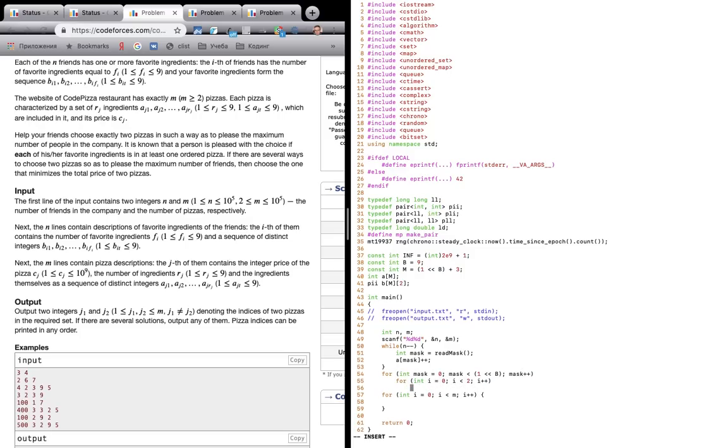For each mask we only need 2 cheapest pizzas, because obviously.